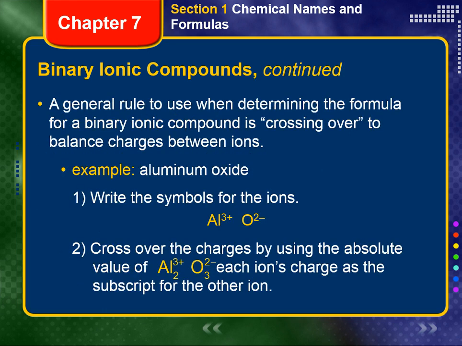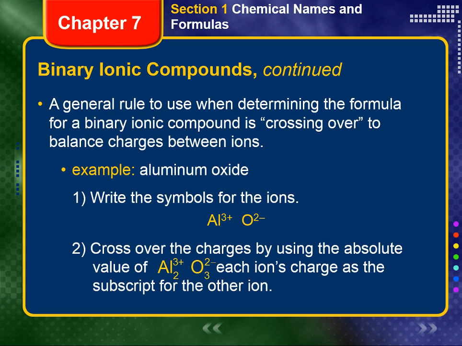As an aid to determining subscripts and formulas for ionic compounds, the positive and negative charges can be crossed over. Crossing over is a method of balancing the charges between ions in an ionic compound. For example, the formula for the compound formed by the aluminum ion, Al3+, and the oxide ion, O2-, is determined as follows. 1.